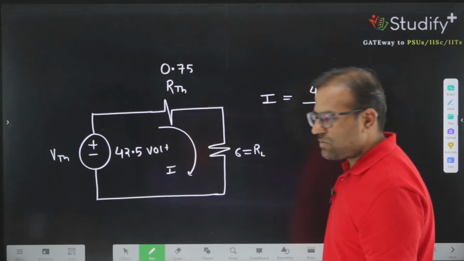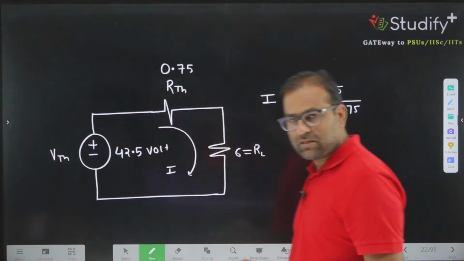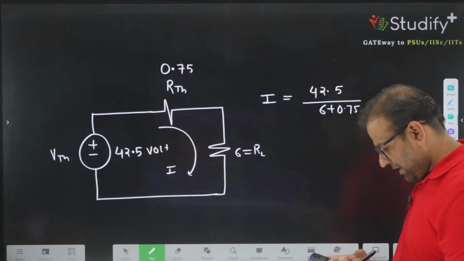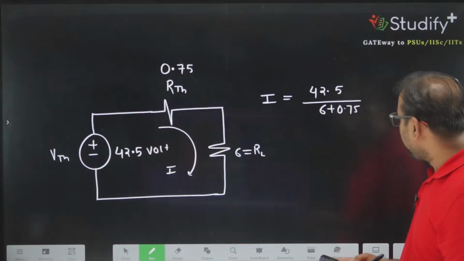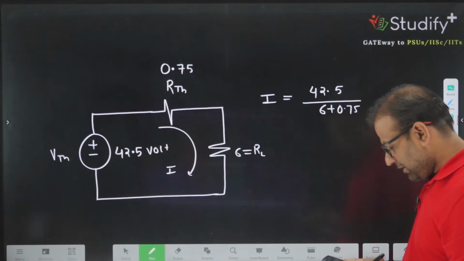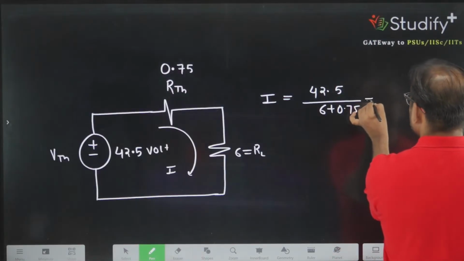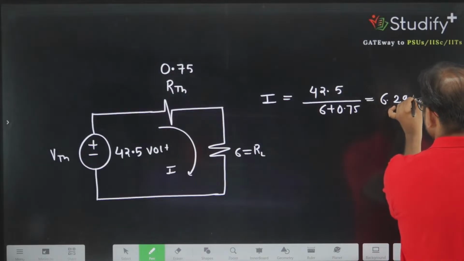The current of the circuit is 42.5 divided by 6.75, which is 6.296.